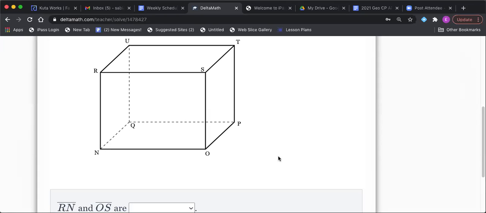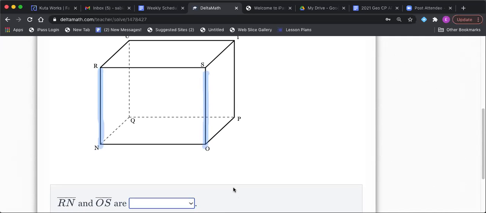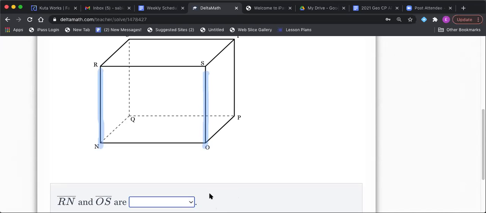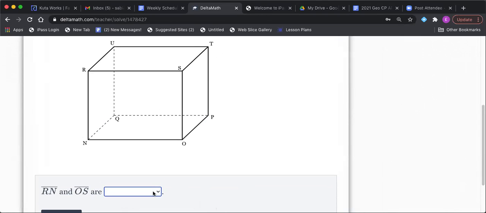Oh yeah, there it is, highlighter. Okay, RN and OS. Okay, so if you had to pick from this drop-down menu, oh, you can't see them. Shoot. Gotta zoom out a little. Sorry. I thought you'd be able to see them all.